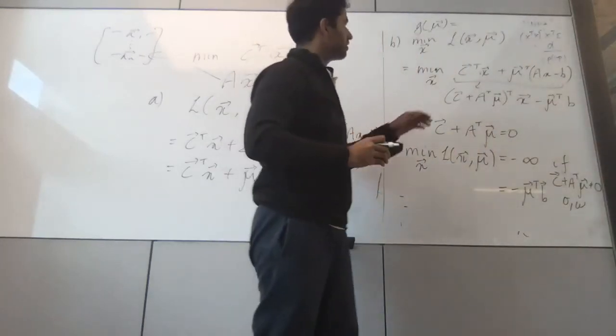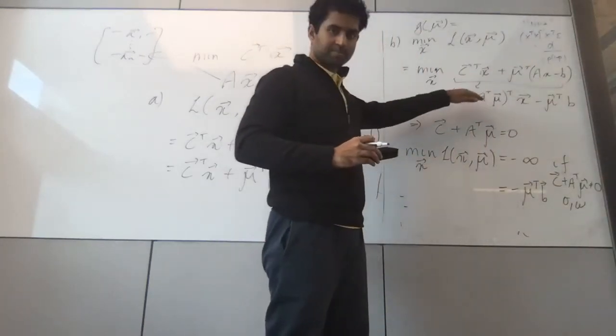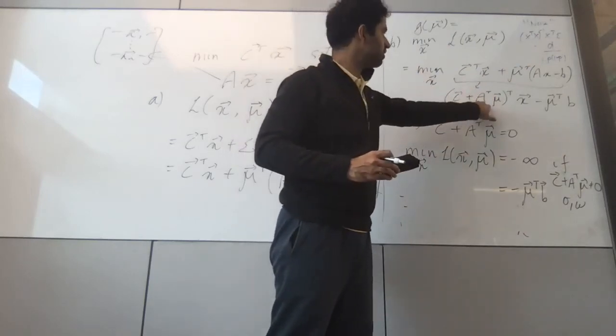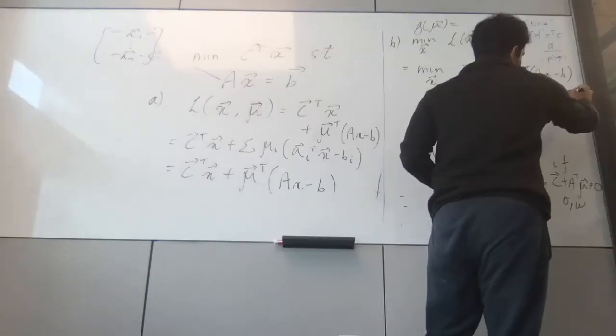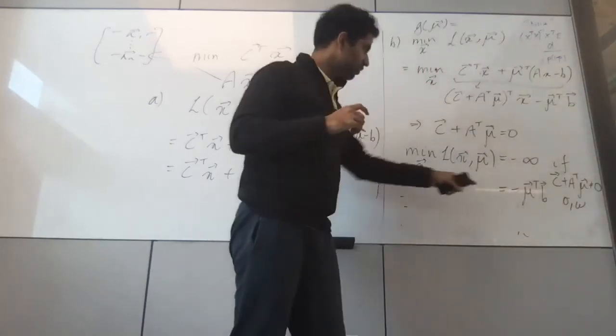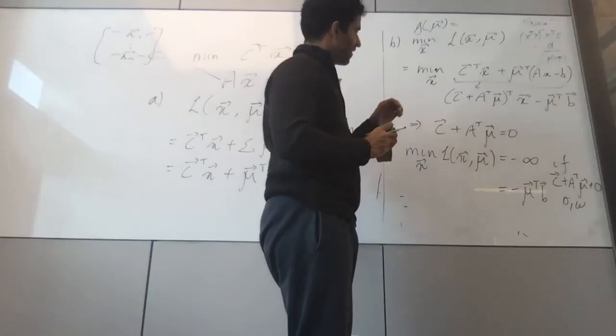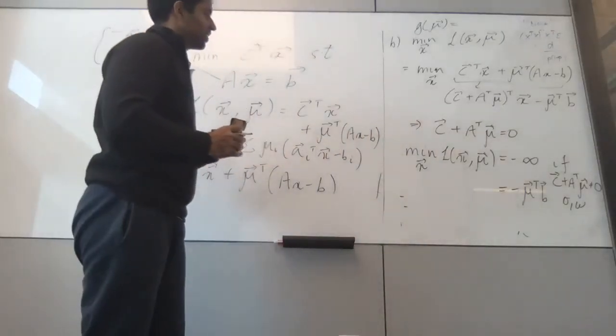So this is the same as this. When c plus A transpose mu is equal to 0, this will be equal to negative mu transpose b, so that's why you have this case. Does this make sense? Yes. Okay, awesome.